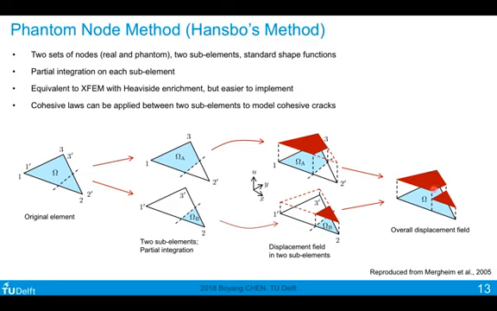You could make use of this jump in the displacement field to form a third sub-element, which is a cohesive sub-element, in between to model a cohesive crack. This is entirely possible. This method is very convenient, and this is in fact the method that is implemented in Abaqus for the modeling of crack progression. Although there it's called XFEM, in fact it is the phantom node method.